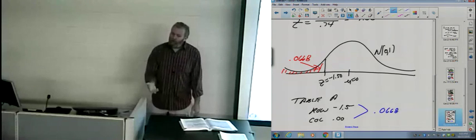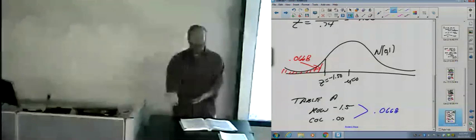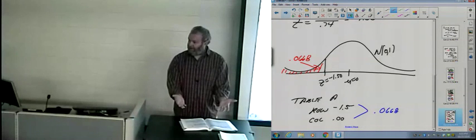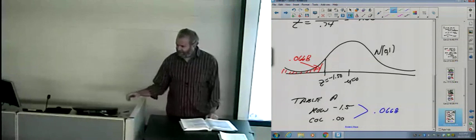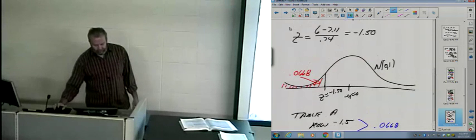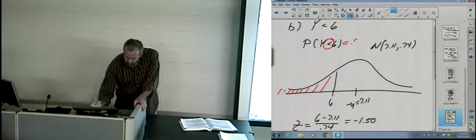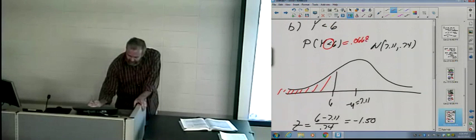It means if you chose one student at random and you're interested in the probability that the runtime is less than 6 minutes, it is 0.0668. That is your answer here.